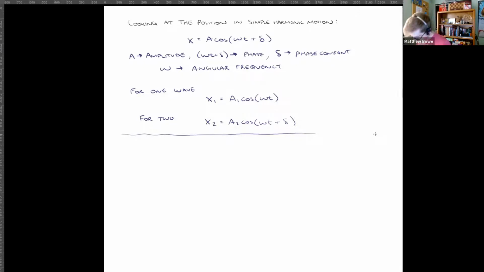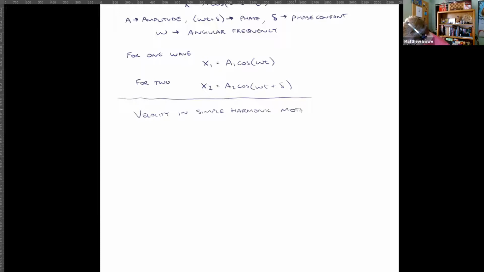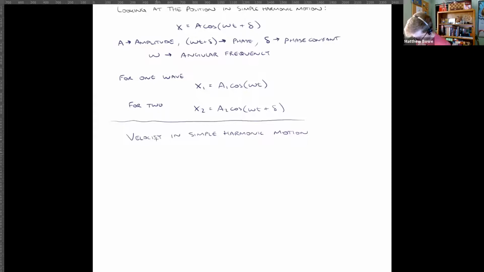If we want the velocity in simple harmonic motion, the way to get there is, so like v of x, we just take the time derivative of the position.